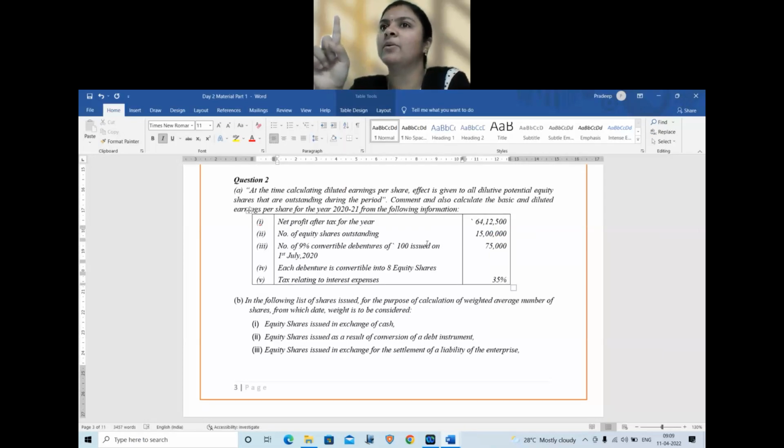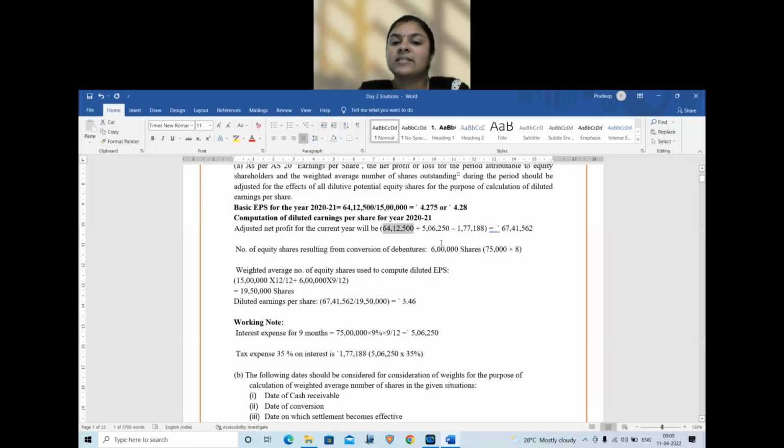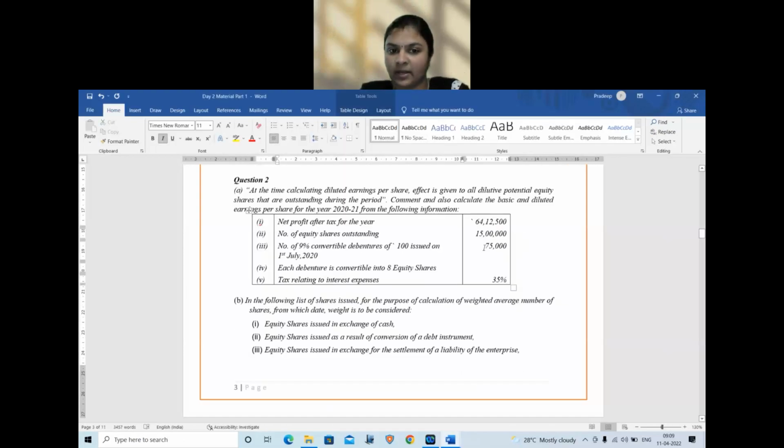It is not the value of debentures. So 75,000 into 100 into 9%, which gives us 6 lakh 75,000, into 1 minus tax rate, which is 1 minus 35%.